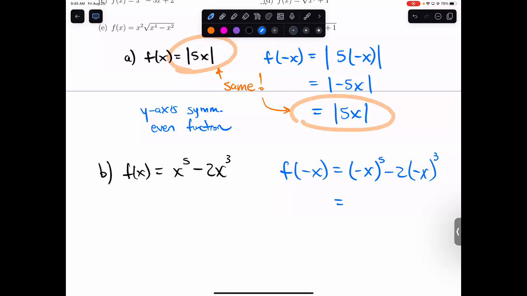They cancel in pairs, right? Negative times a negative is positive, but then there's one left over. So overall, that's going to be negative. And then there's x times x times x times x times x. And then the same thing happens here, right? Negative x all cubed is going to be the negative of x cubed.